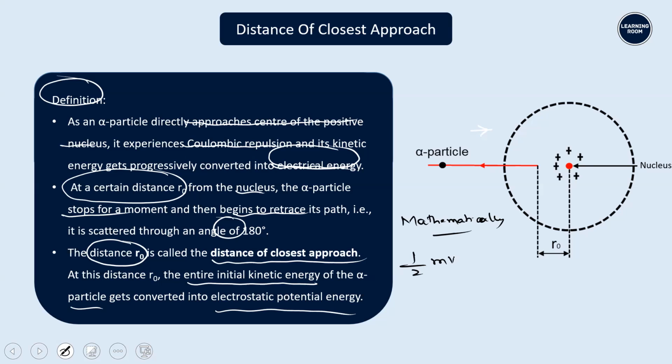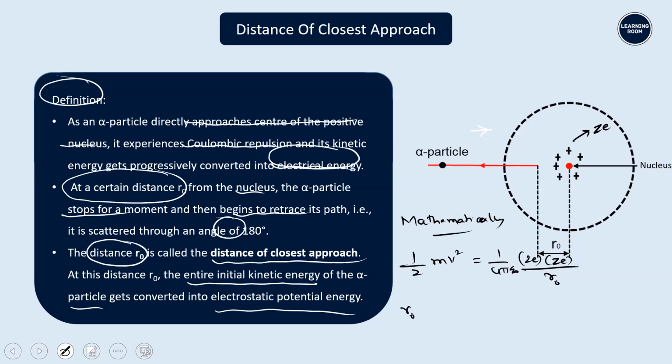half mv square is converted to 1 by 4 pi epsilon naught into alpha particle charge 2e and the nucleus charge Ze, the whole divided by R naught. So this is the formula for electrostatic potential energy.